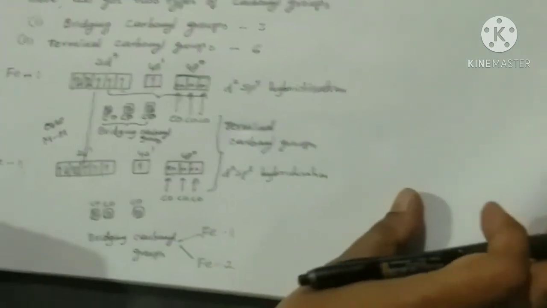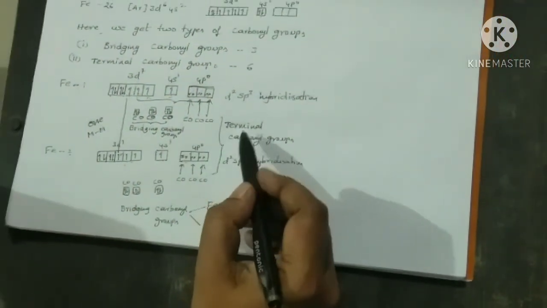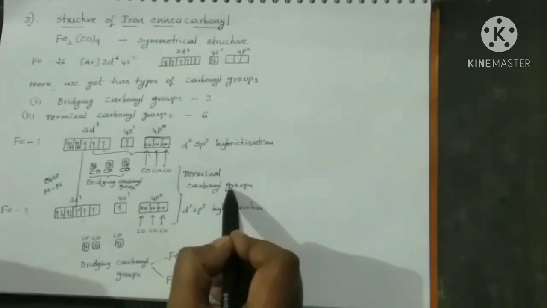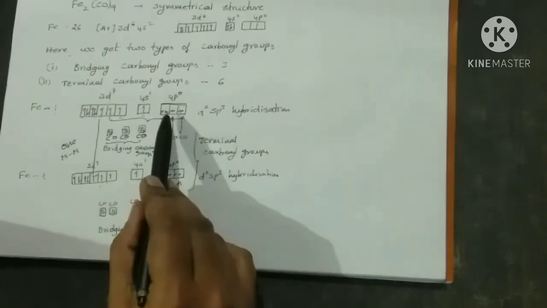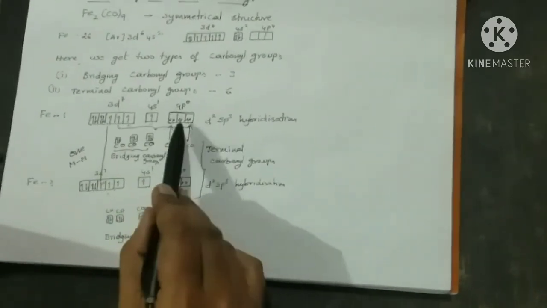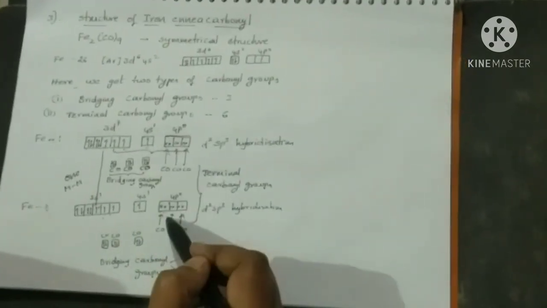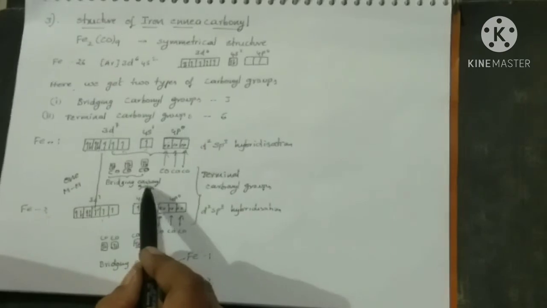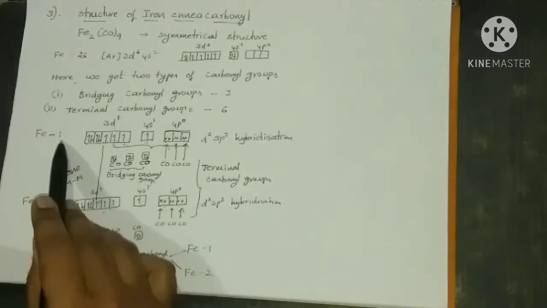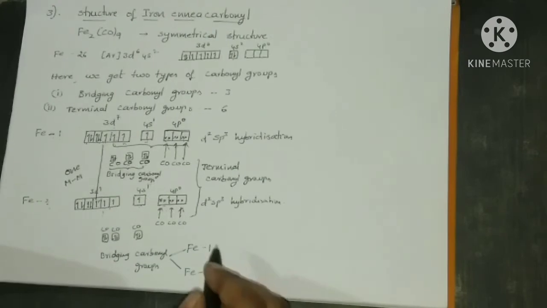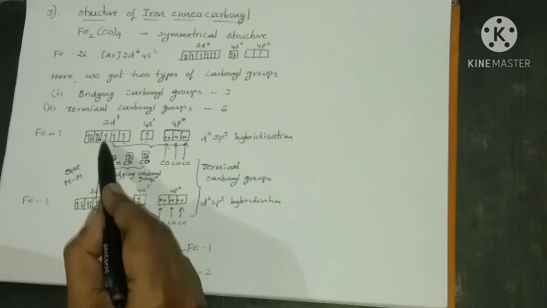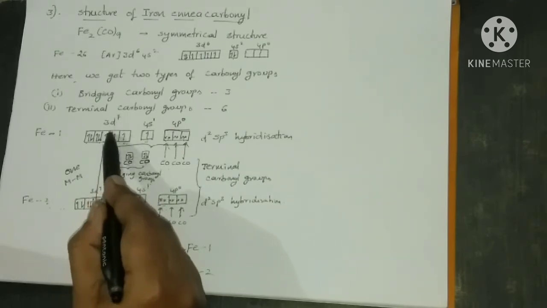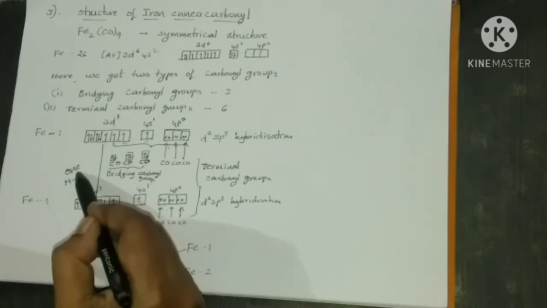Okay, so with this we know that the structure and shape of diiron nonacarbonyl consists of 2 types of carbonyl groups, that is terminal carbonyl groups and bridging carbonyl groups. Terminal carbonyl groups donate their electrons to three vacant d2sp3 hybrid orbitals and form dative bonds, while the three bridging carbonyl groups share their electron pairs with both Fe1 and Fe2, giving three bridge bonds, and the unpaired electron that is left in pure 3d orbital is paired up from Fe1 to Fe2, giving 1 metal-metal bond.